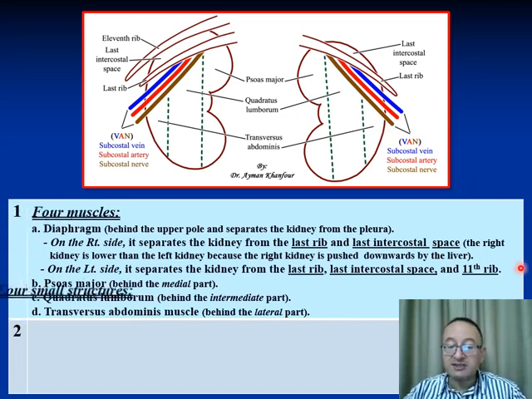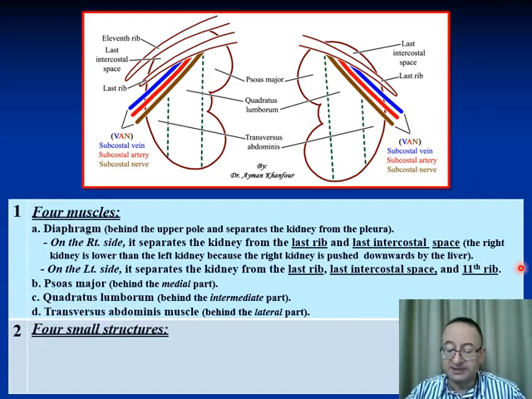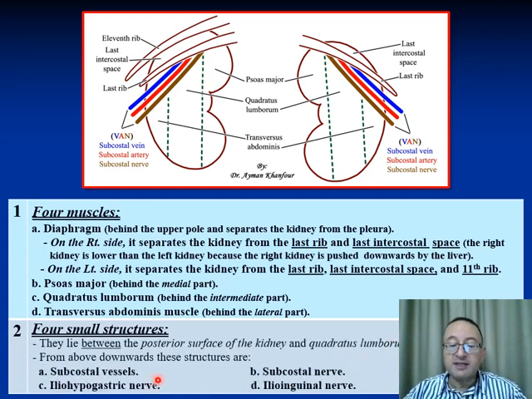What about the other structures? There are 4 small structures in the form of nerves and vessels. They are the subcostal vessels, subcostal nerve, and in addition we have 2 nerves belonging to the lumbar plexus.